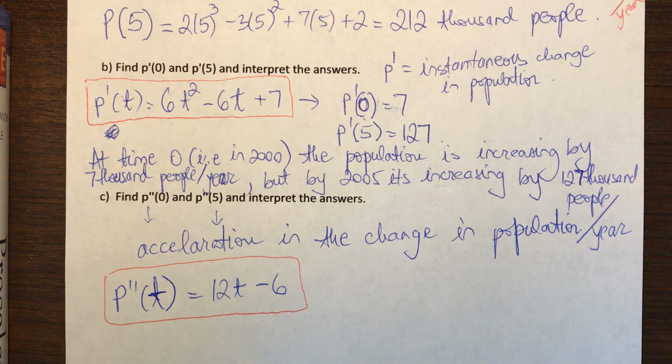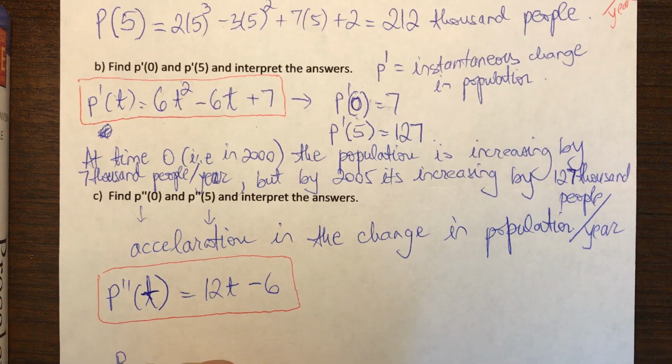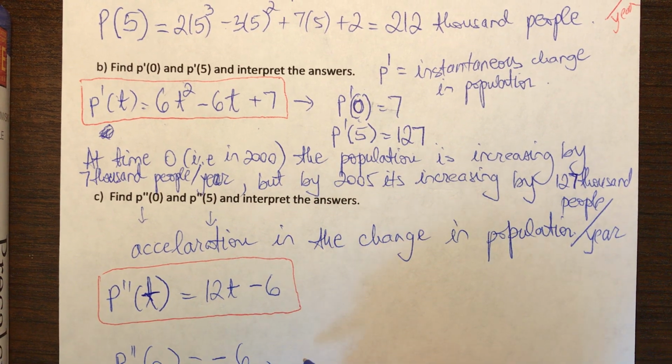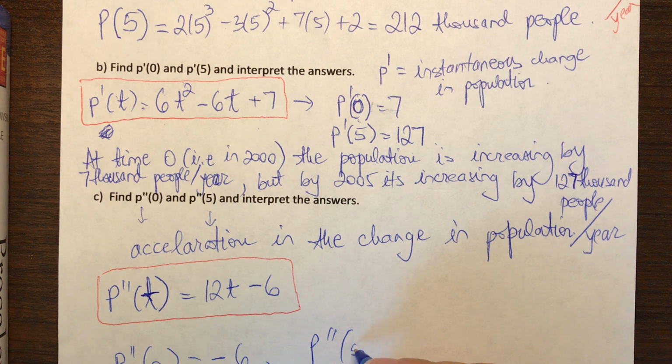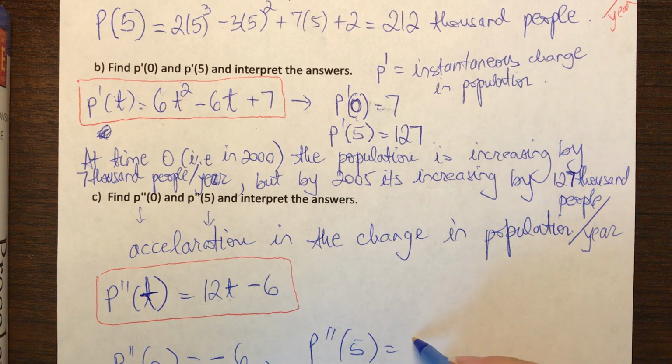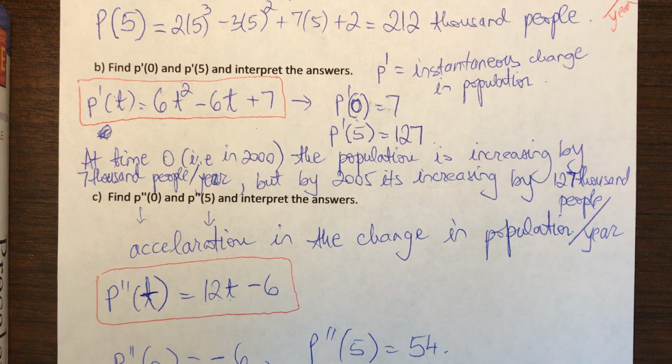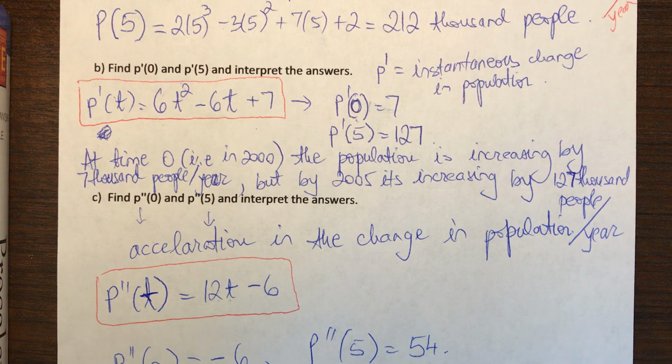So what is happening? Let's plug in p prime of 0, the second derivative at 0. That's actually negative 6. The second derivative at 5: 12 times 5 is 60, minus 6 is 54. So what do these numbers mean?